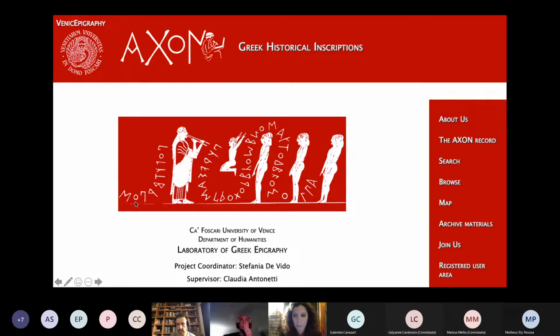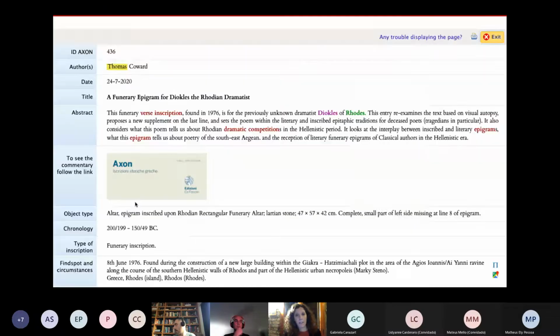It is both in Italian and in English, so it's possible to read it in both languages, but of course more of the first entries are in Italian, because the first years of the project it was based in Venice with Venetian collaborators.